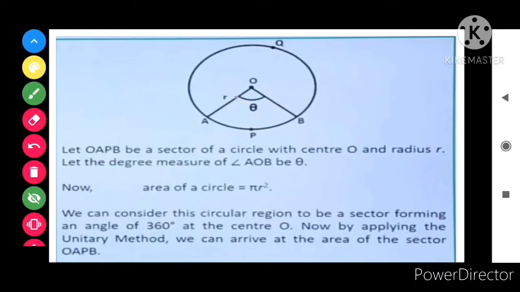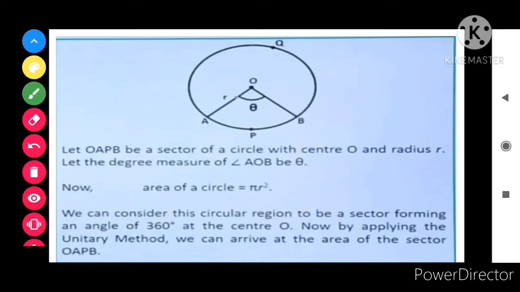Now we know area of a circle is pi r square. Very clear? We can consider this circular region to be a sector forming an angle of 360 degree at the center O. Now by applying the unitary method, we can arrive at the area of the sector OAPB.